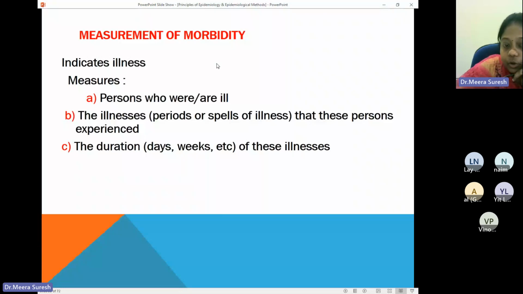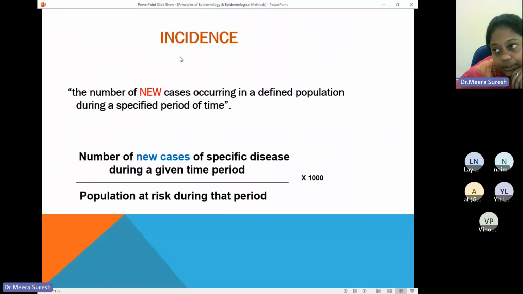So when we are learning about morbidity, we can measure how many spells that disease is having. Then the duration, for how long they are suffering, in days, weeks, etc. So these three things we can get to know when we measure morbidity.